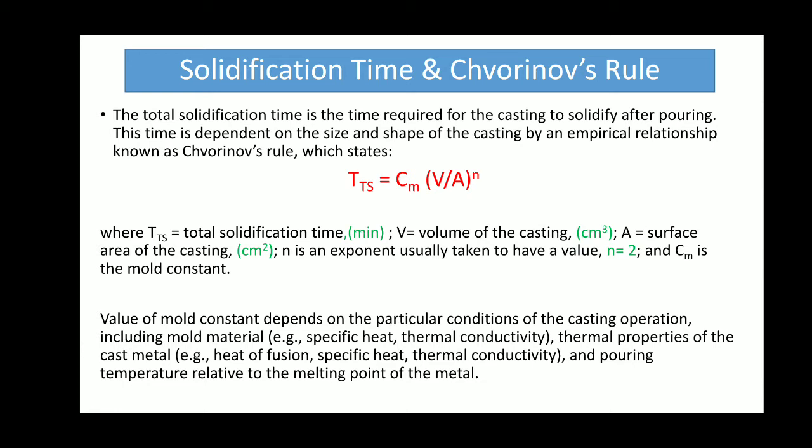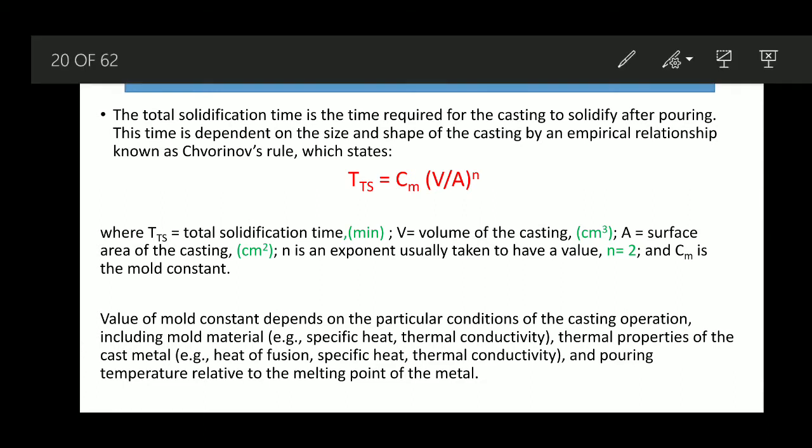Now, the total solidification time is the time required for the casting to solidify after we pour it. It depends on the size and shape of the casting, and is given by an empirical relationship known as Chvorinov's rule.